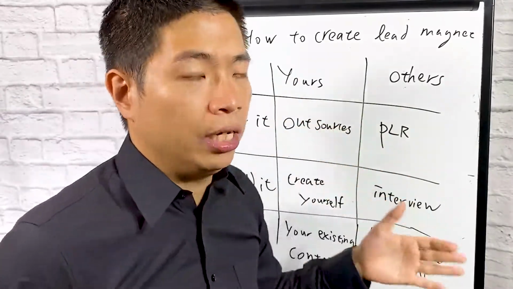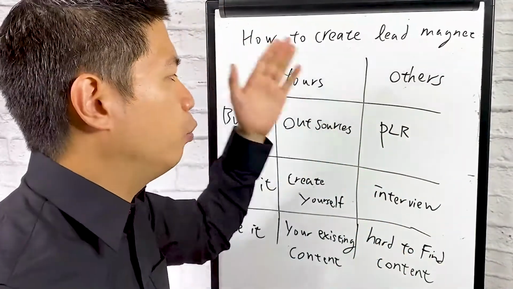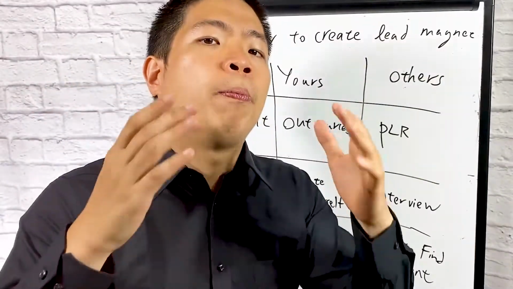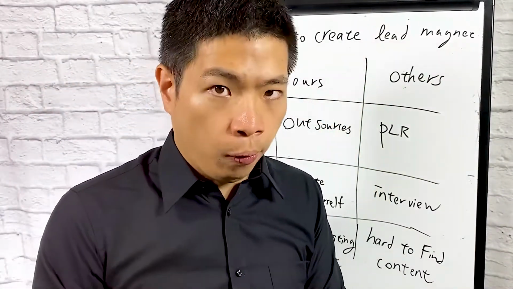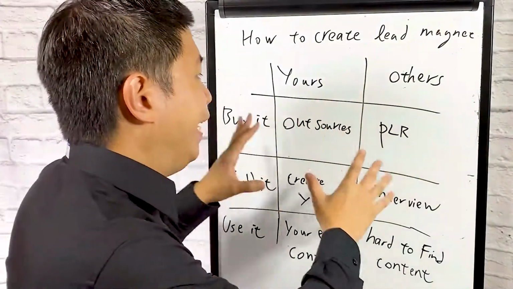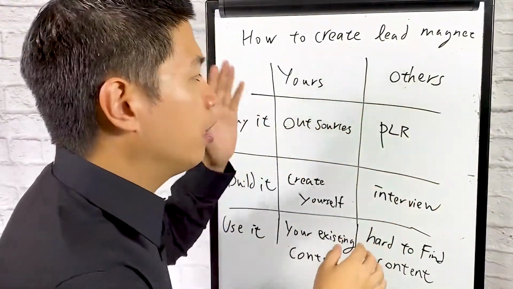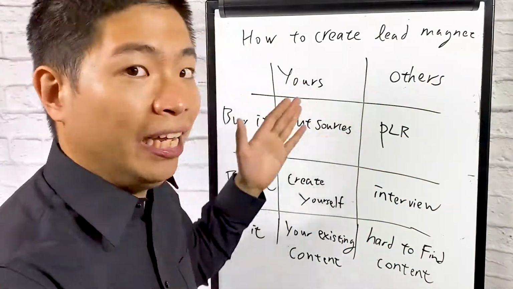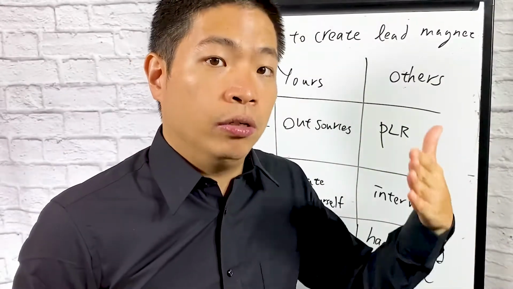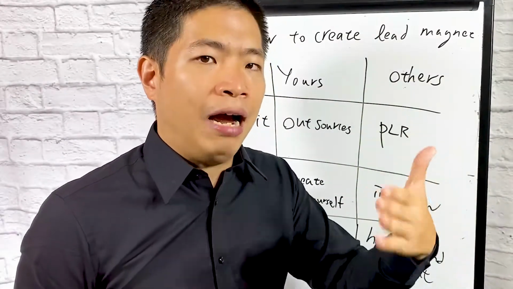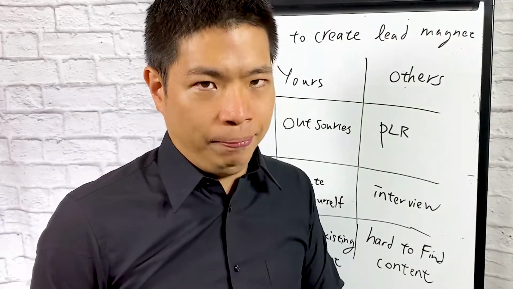What is private label rights? It means you pay for the rights and they give you the right to publish as your own. So you don't have to create the entire content. You can find maybe an ebook, then you buy the PLR. And right now you have the right to publish the ebook.